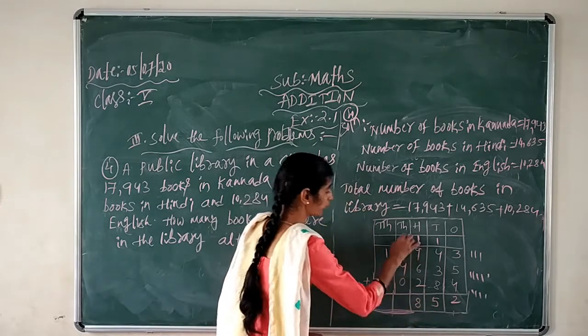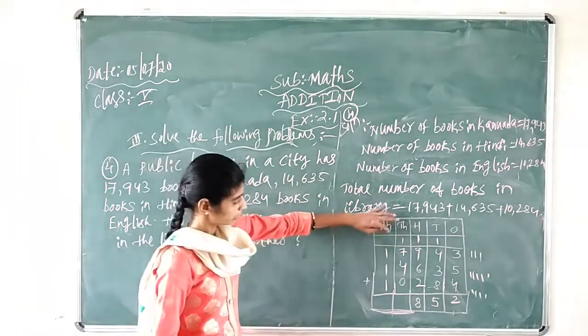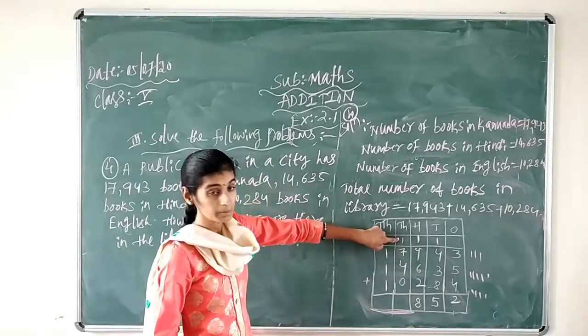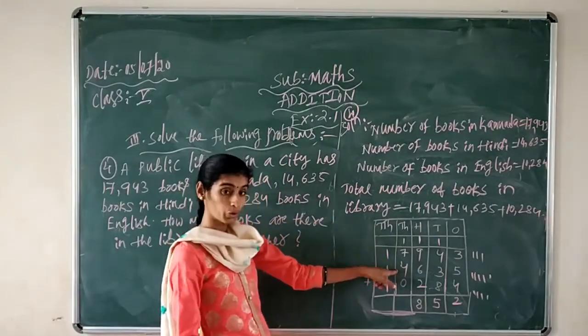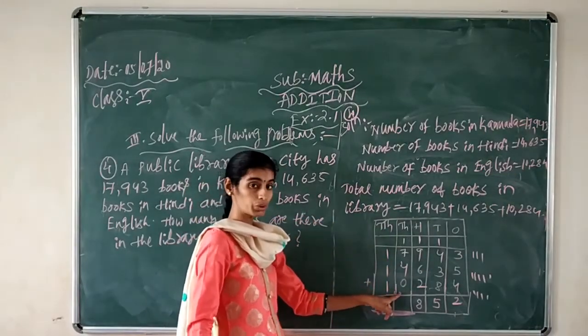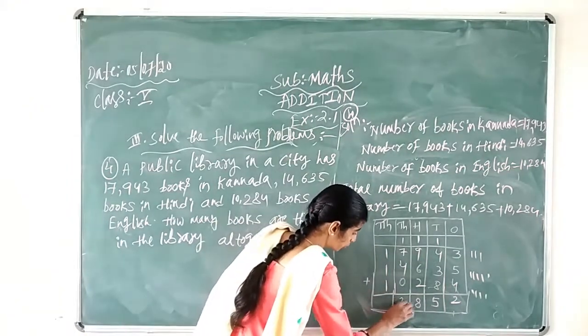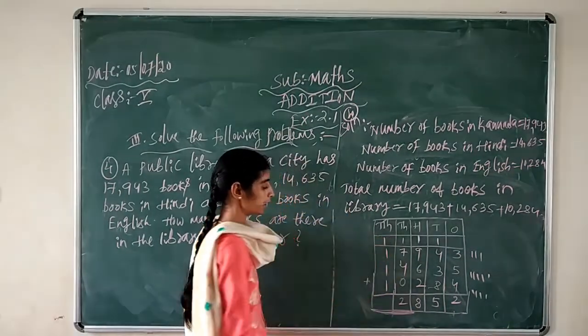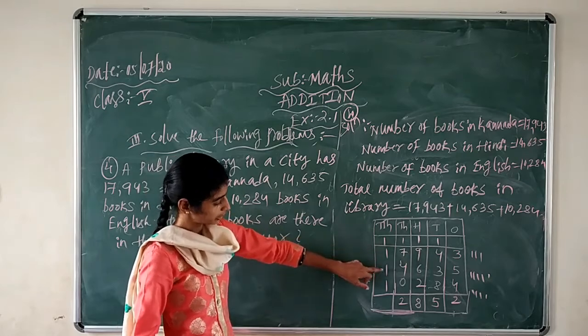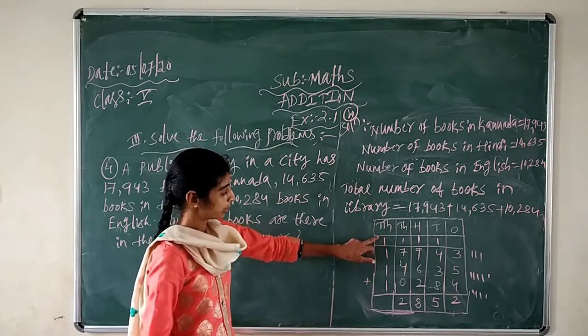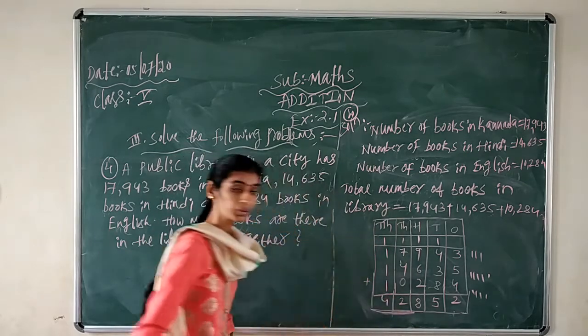So 8 here, carry 1. So next 7 plus 1, 8. 8 plus 4, 12. 12 plus 0, 12. So 2 here, carry 1. Then next 1 plus 1 plus 1, 3 plus 1, 4.